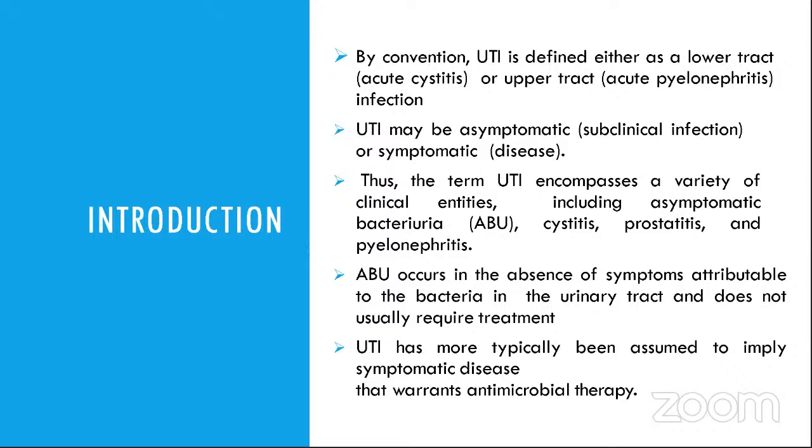It may be subclinical, that is asymptomatic, or symptomatic disease, that is causing symptoms. Thus, the term UTI encompasses a variety of clinical entities, including asymptomatic bacteriuria, cystitis, and pyelonephritis.